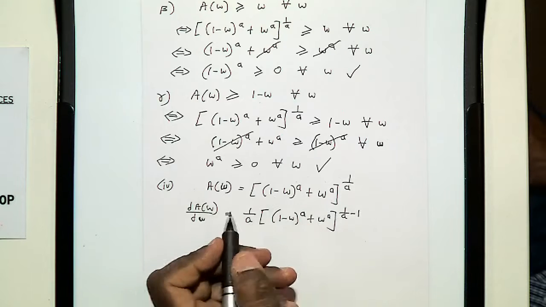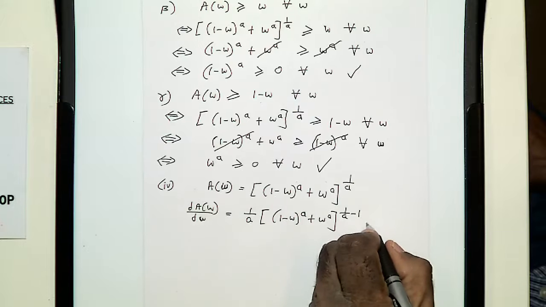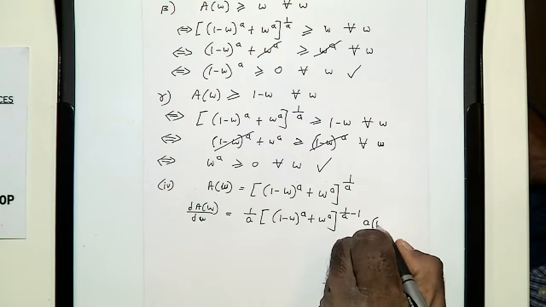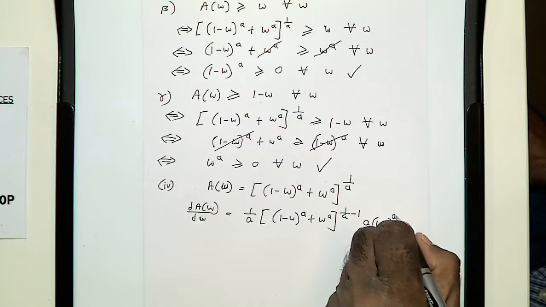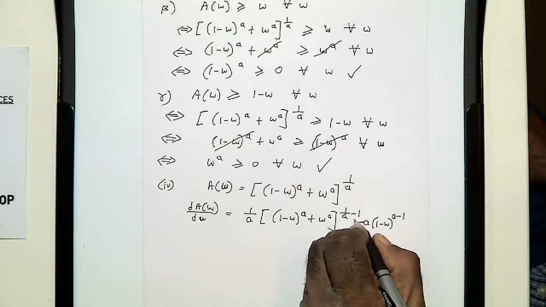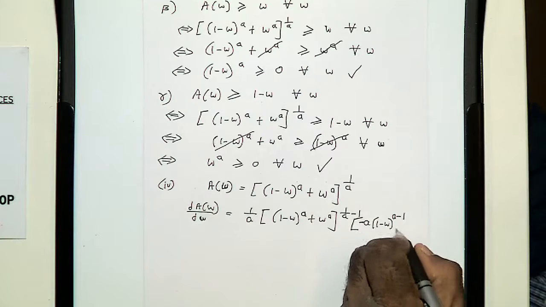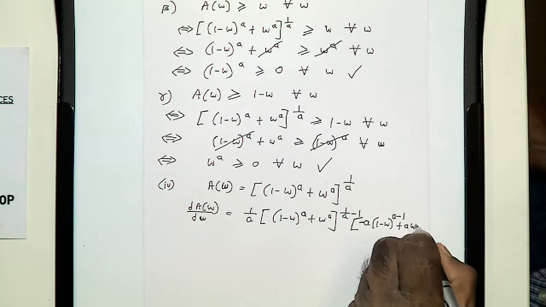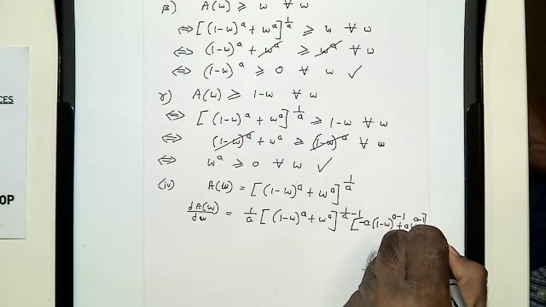Derivative with respect to omega. So there's a minus here. Okay, like this.